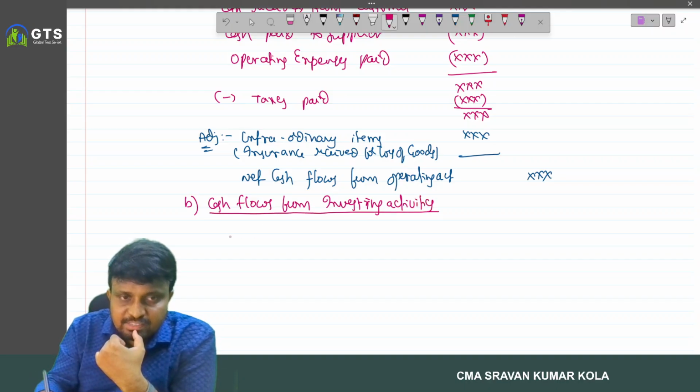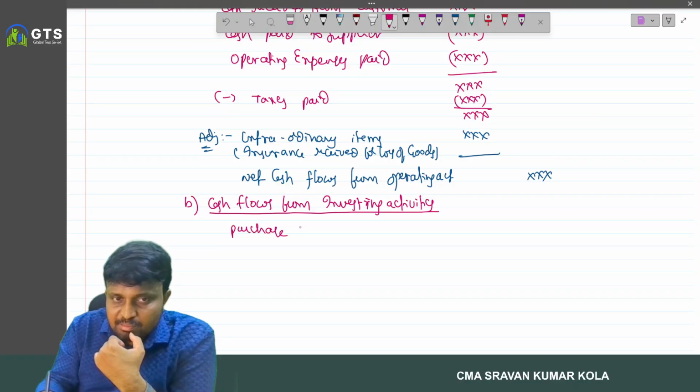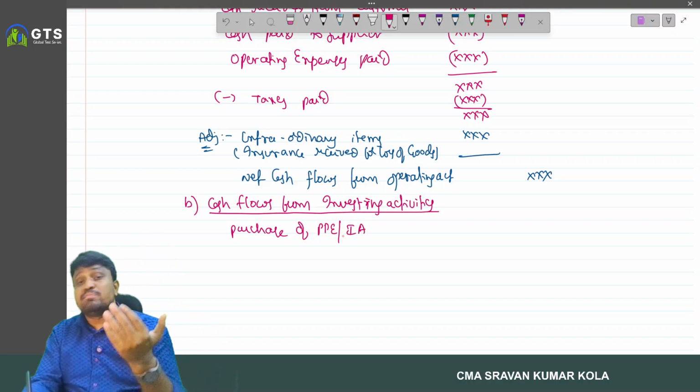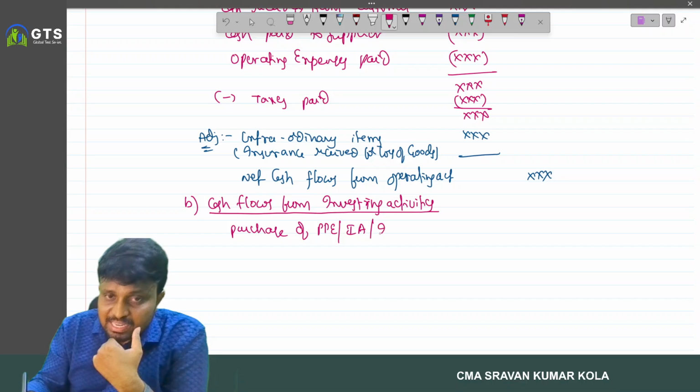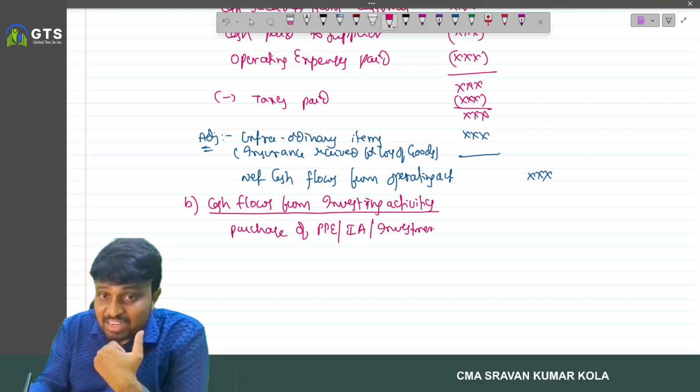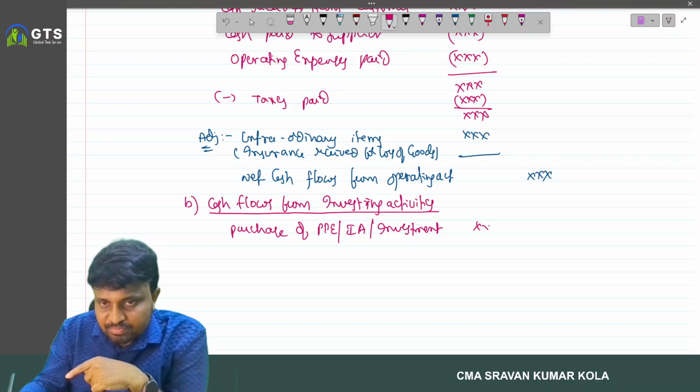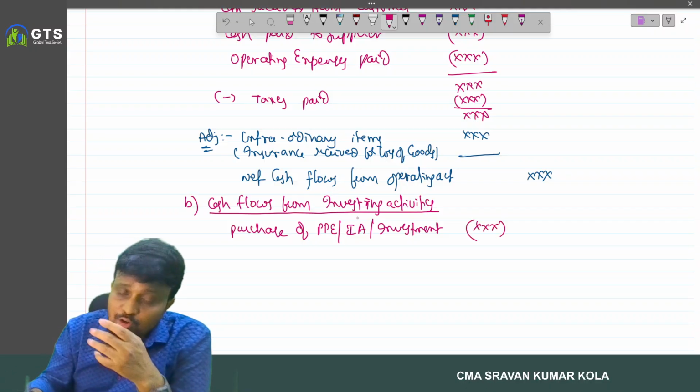Cash flows from investing activity, like purchase of PPE or intangible assets like goodwill, patent, trademark, etc. And investments, if any, which are not covered under cash equivalent items. That is a cash outflow.